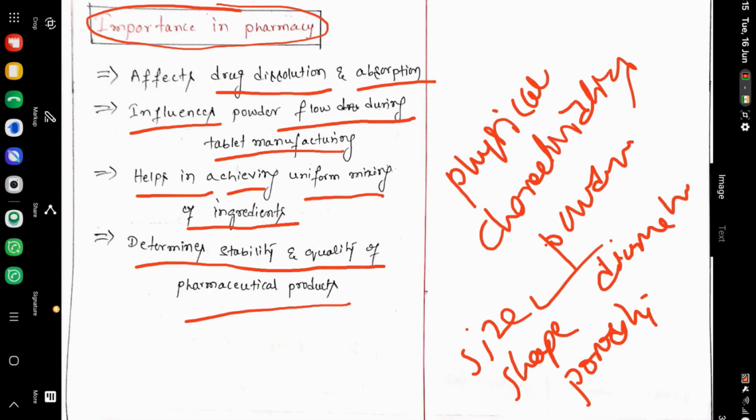These are the physical properties which mainly help us in the formulation to enhance the drug dissolution, drug absorption, and to achieve uniform mixing of the ingredients to obtain the uniform dosage form. And it also helps in maintaining the stability and quality of the pharmaceutical products.